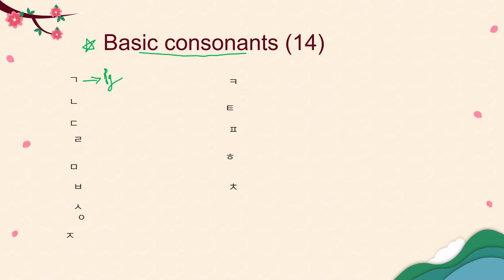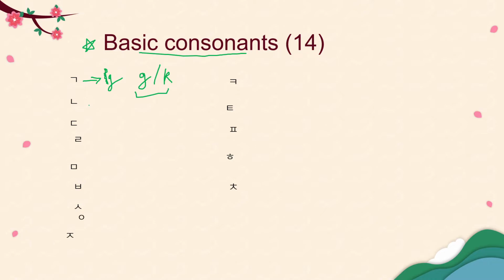But this is not actually G. So here, this sound lies between G and K. It is like 70% G and 30% K. So you are pronouncing K also a little bit.